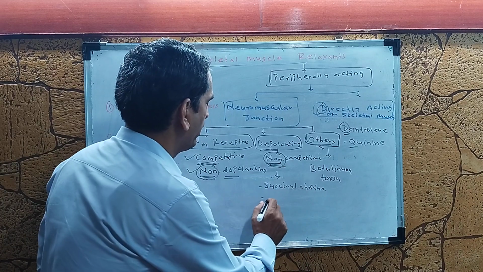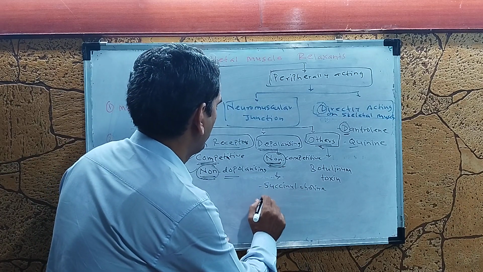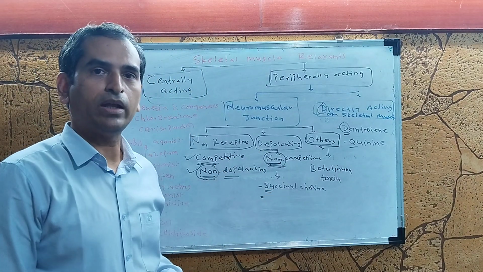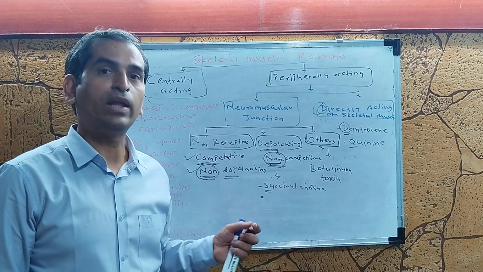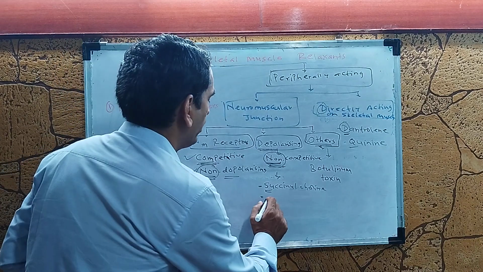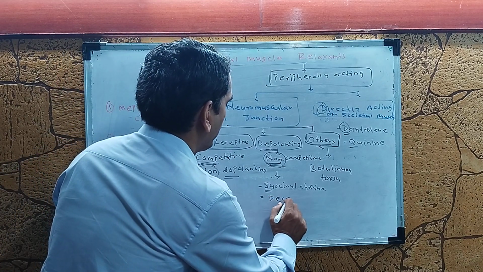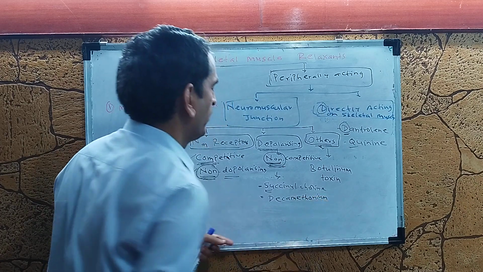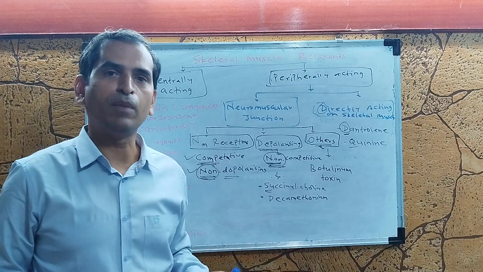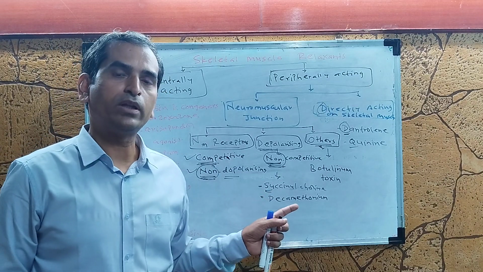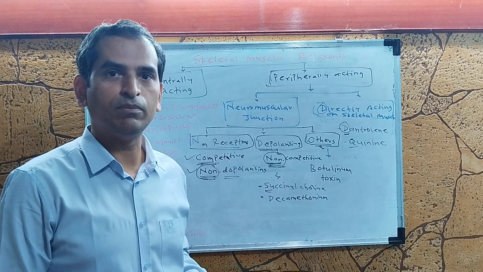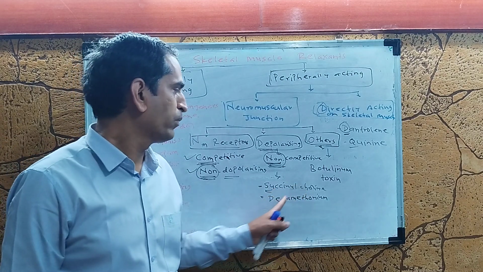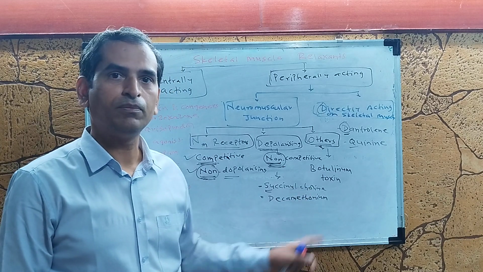Succinylcholine is a depolarizing category of drug, so it causes flaccid paralysis. The other example is decamethonium. Now how to remember the name decamethonium? We know the other name for succinylcholine is suxamethonium. Suxamethonium is also called succinylcholine. So that's one methonium and this is decamethonium.